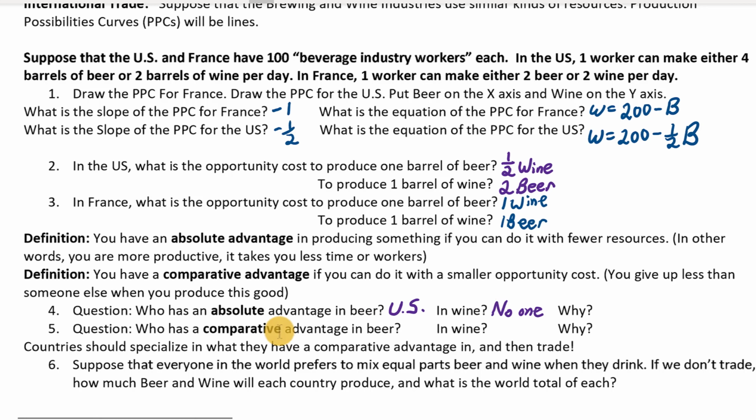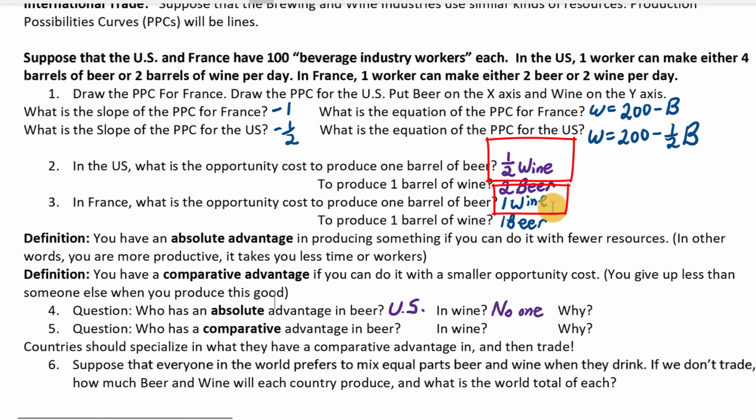Question number 5, though: who has a comparative advantage? Remember our definition: you have a comparative advantage if you can do it with a smaller opportunity cost. You give up less than the other person does when you produce this good. So let's look at beer. Who has the lower opportunity cost of producing 1 more barrel of beer? In the U.S., the opportunity cost is 1/2 of a barrel of wine. In France, it is 1 barrel of wine.